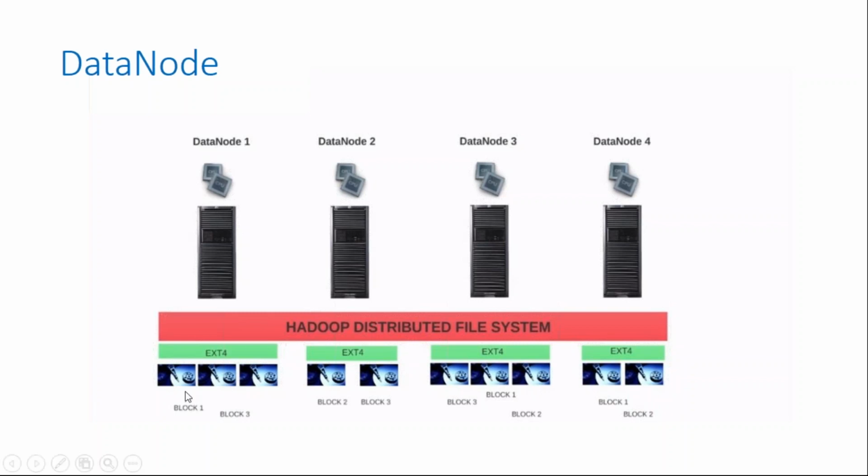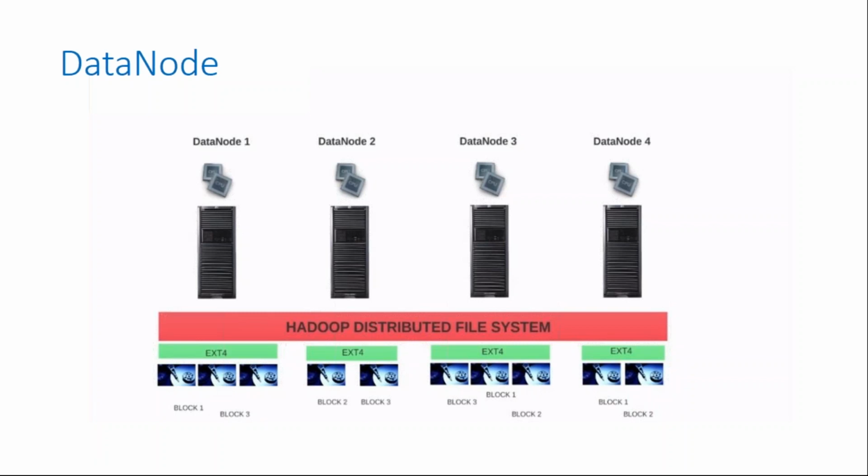The blocks are divided and stored spread across the data nodes. Say block 1 and block 3 are stored on this node, and block 2 and block 3 on this node. What if we stored block 1 here and another block 1 here and another block 1 somewhere else? The whole concept is to have a replica if a node goes down.